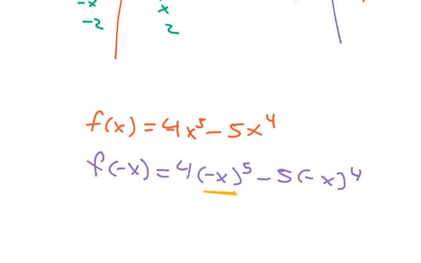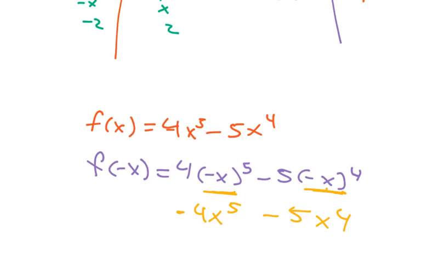Negative times 4 is going to be negative 4, so this is negative 4x to the 5th. Over here, when I do negative x to the 4th, it's even. It's going to come out positive because it's an even number of x negatives. So this is just going to be positive times 5. Yeah, it would become negative 5x to the 4th.